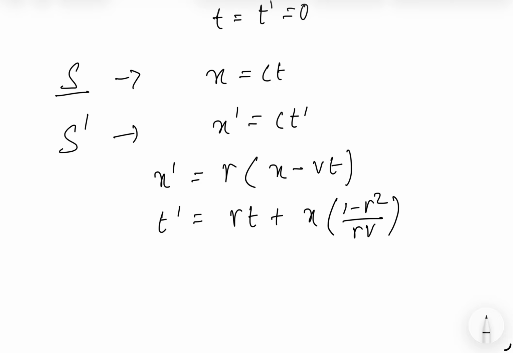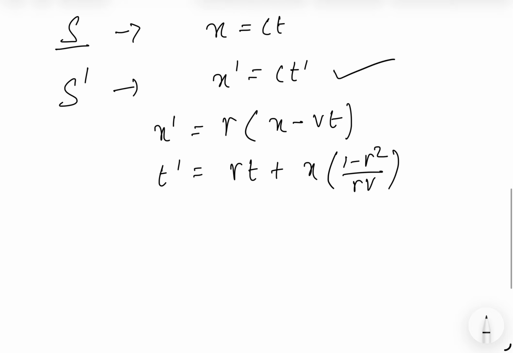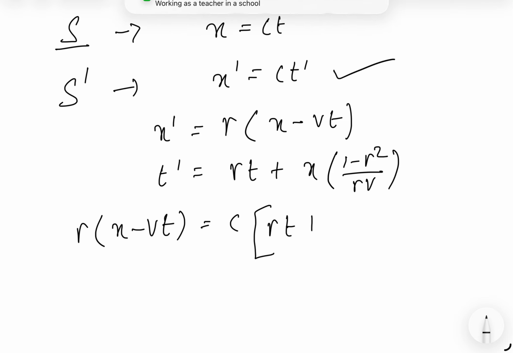These two values we will substitute into x dash equals ct dash. So our equation will be: for x dash, gamma times x minus vt, equals c times, for t dash, gamma t plus x times 1 minus gamma square divided by gamma v.